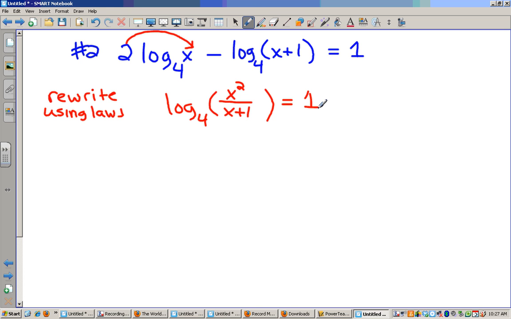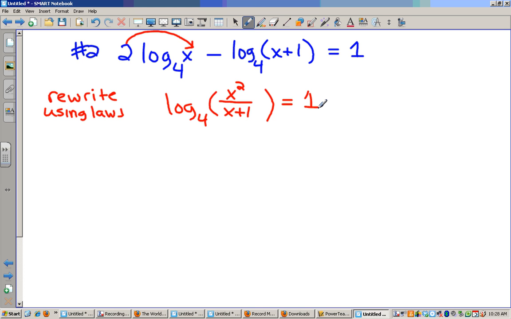Right? No, we're not doing exponentials. First, we use the laws to get them together as 1, right? Okay, so now we've got them written as 1 log. Agreed? So, squared, divide, equals 1.